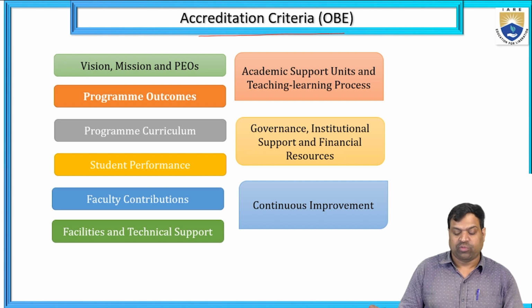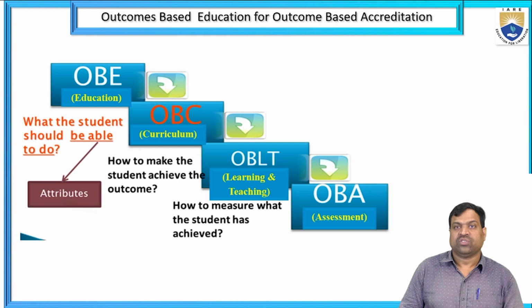What is the curriculum of the program? How are the students performing in that course? How much faculty contribution is there? And facilities and technical support, how much is there? That is important. These all belong to academic support units and the teaching learning process, and governance, institutional support, and financial resources are important, and continuous improvement is also important. So it is about the accreditation criteria.